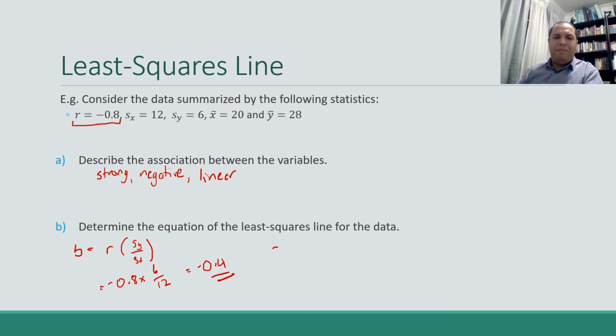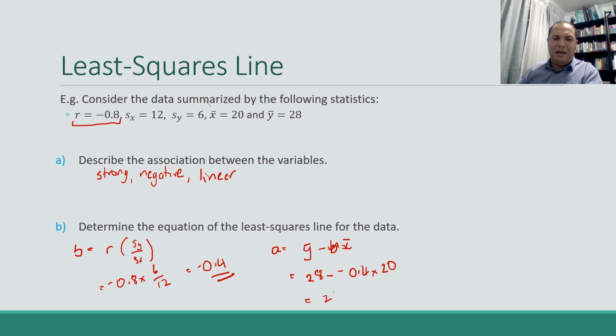That's more than okay. Then for A, it's our mean value for y minus b times our mean value for x. The mean for y is 28 minus our b value, which is negative 0.4, times our average for x, which is 20.